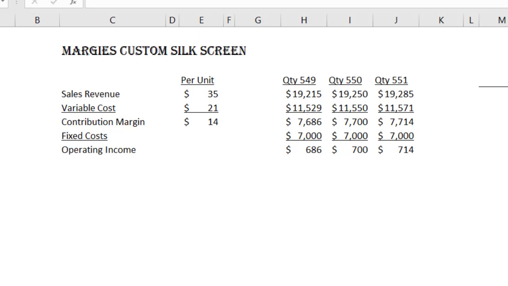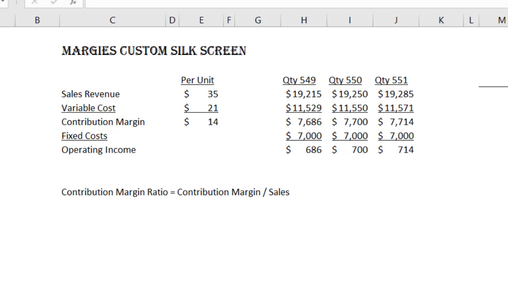It's 549 shirts times $21. So you notice how you can see the variable cost increasing incrementally every time she makes a sale and has to produce a shirt. The fixed costs are not changing. That's her rent, her salaries to her manager, that kind of thing. And you notice that they stay the same: $7,000, $7,000, $7,000, as long as she's within the relevant range.